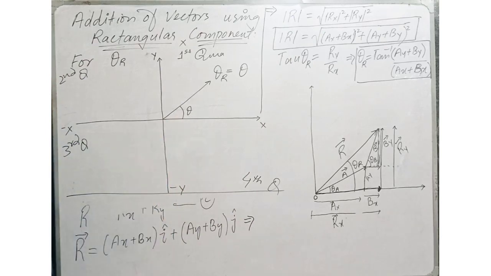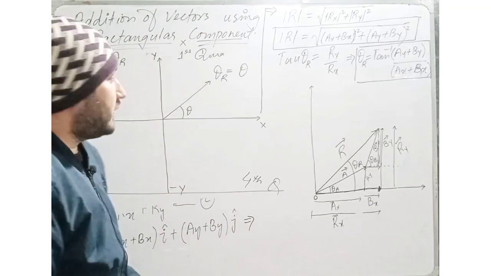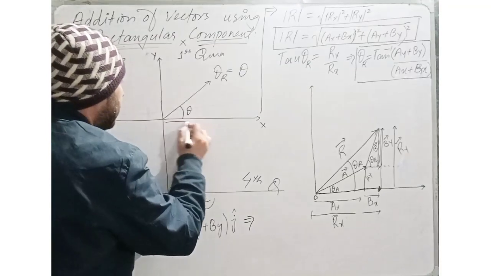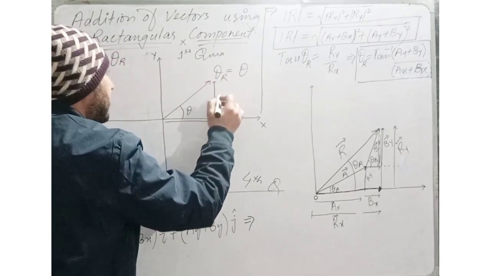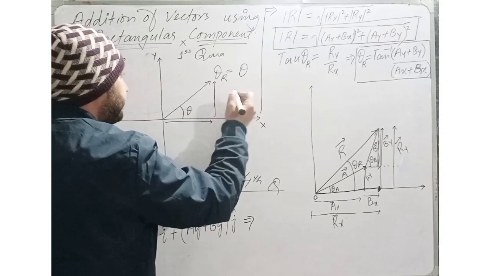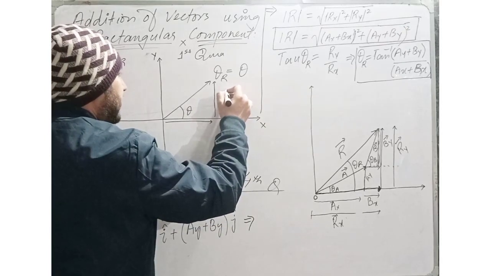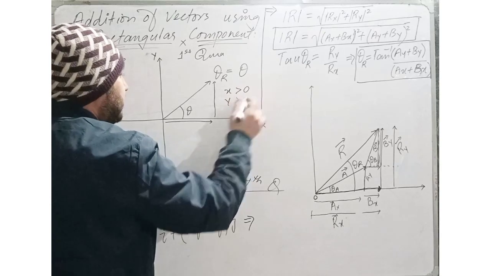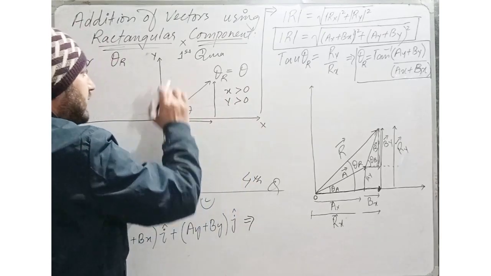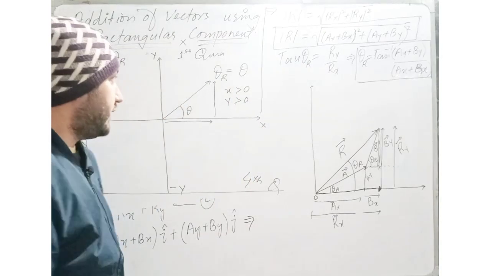A vector will be lying in the first quadrant when both the x and y components of that vector are positive, like if the x component is greater than 0 and the y component is greater than 0, both are positive, at that time the vector will be lying in the first quadrant.